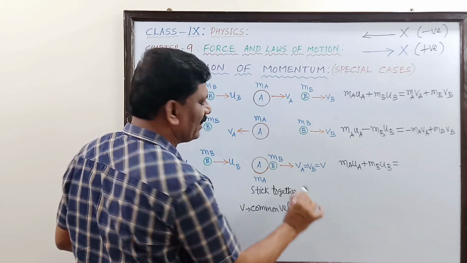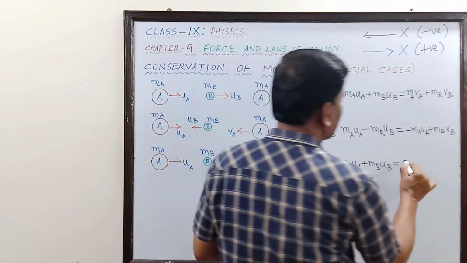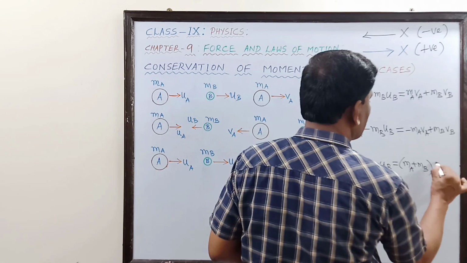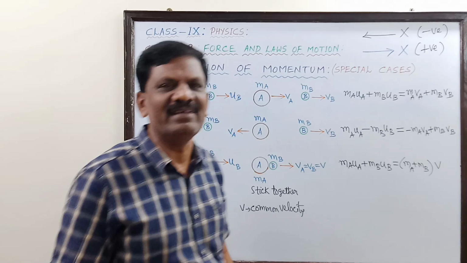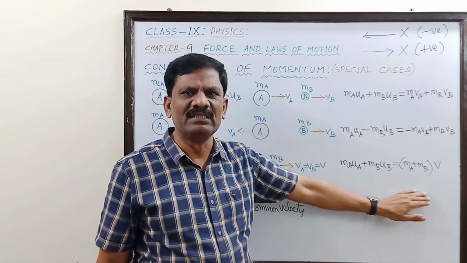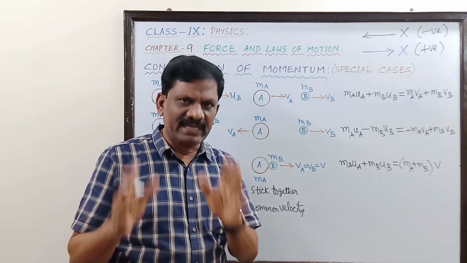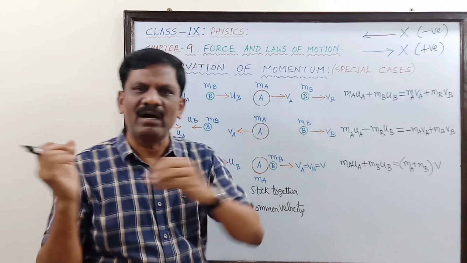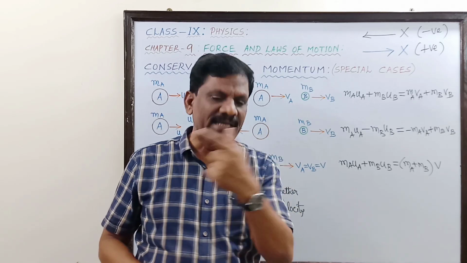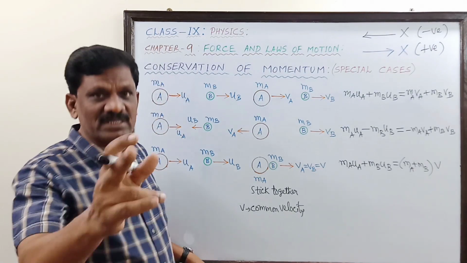Therefore, its momentum along the positive x-axis is the mass of A plus the mass of B, the total mass, into the common velocity V. This will be very frequently asked in many competitive exams. Be thorough with this formula, and all three are very important. Once again, whenever a body is moving along the positive x-axis, its momentum is positive, and whichever body is moving along the negative x-axis, its momentum is negative. I hope you have understood all three special cases well.